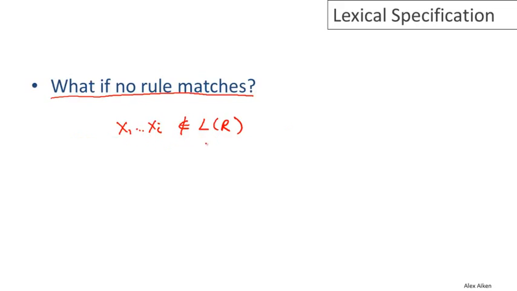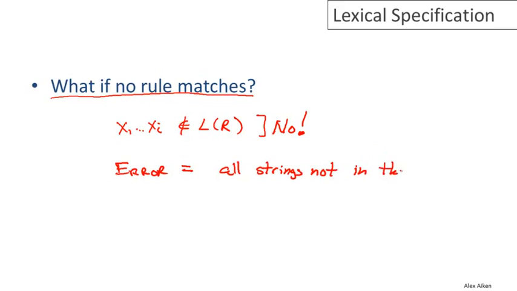And the best solution for lexical analysis is to not do this. So don't let this ever happen. Okay, so what we want to do instead is to write a category of error strings. So all the strings not in the lexical specification of the language.